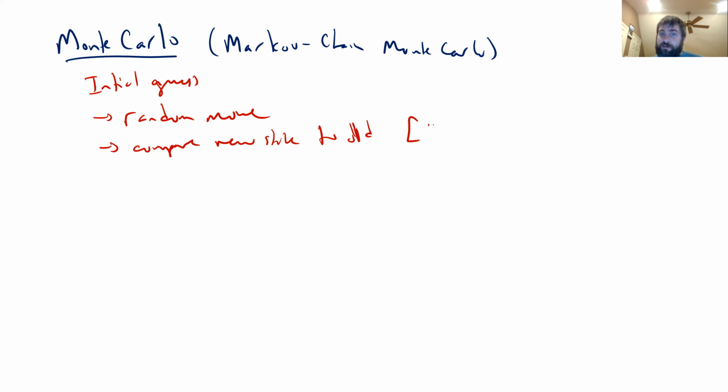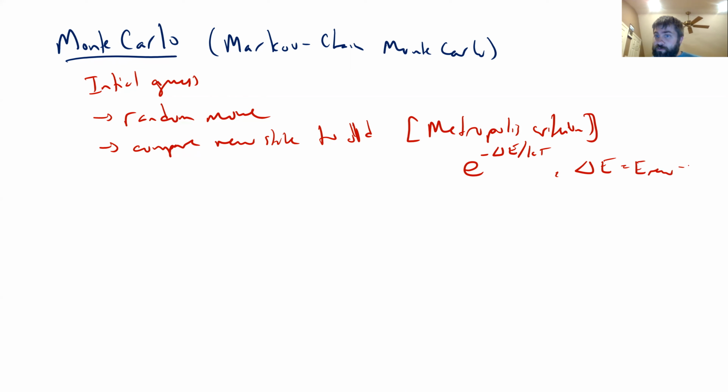In our approach, we used the Metropolis criterion for that. What was the Metropolis criterion? We looked at the ratio, so e to the negative delta E over kT, where delta E was E new minus E old.